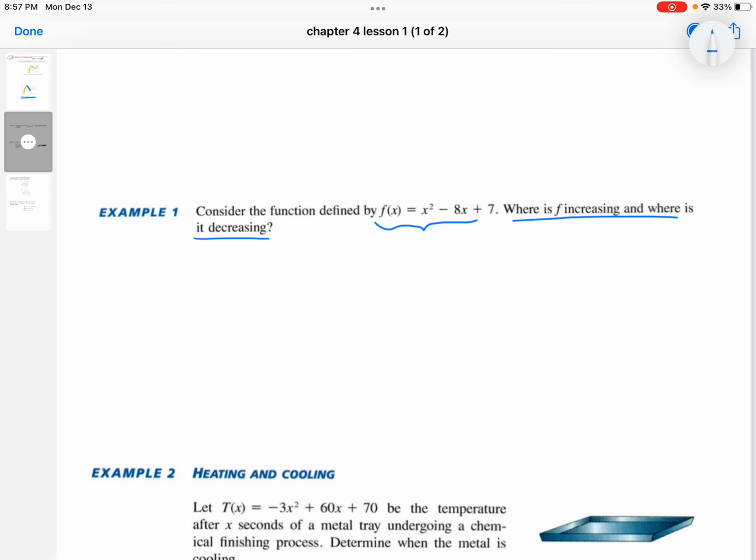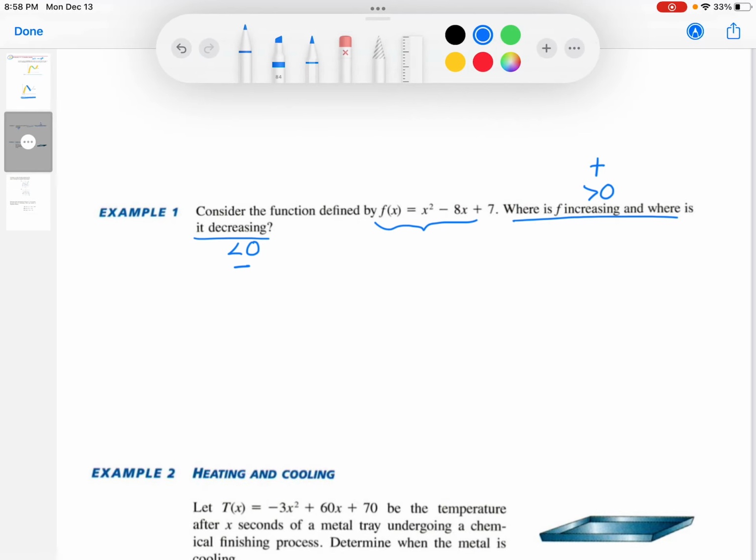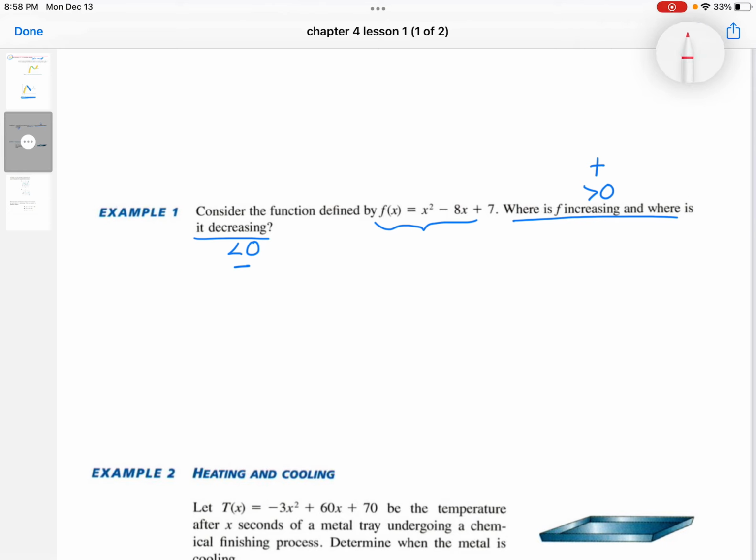In the grand scheme of things, we just study the slope, meaning where it's greater than 0 or where it's less than 0, right? Negative and positive slopes. So positive is greater than 0. Negative would be less than 0. In an example like this, if we're solving this algebraically, meaning without a graph, the first thing we would have to do is take the derivative. Because when we take the derivative, we have the slope of the tangent line.